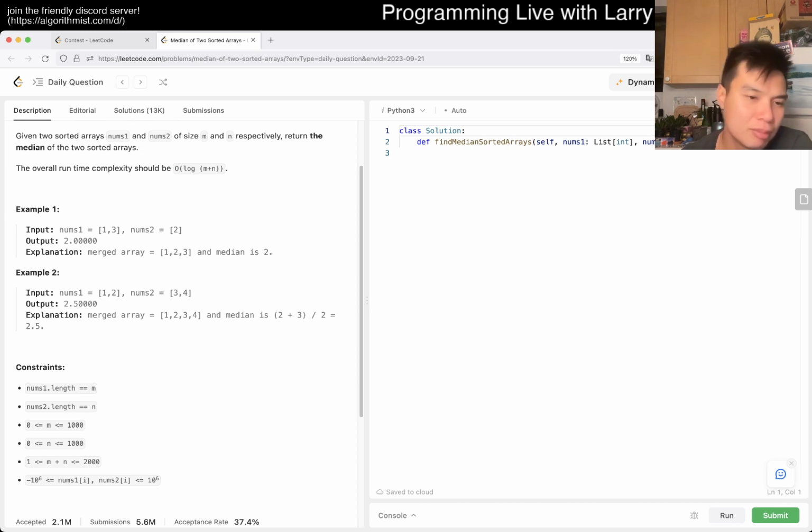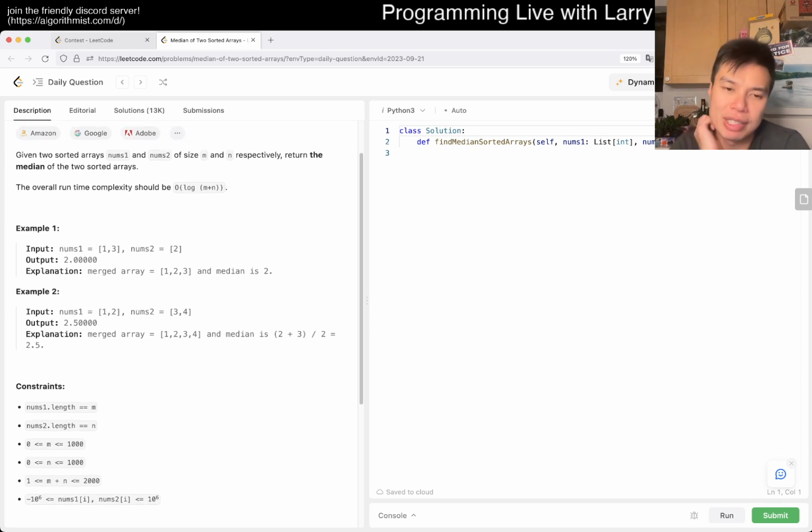I actually don't remember this one, even though I said it was classic. I feel like this is one of those trick problems in which I don't remember the answer.